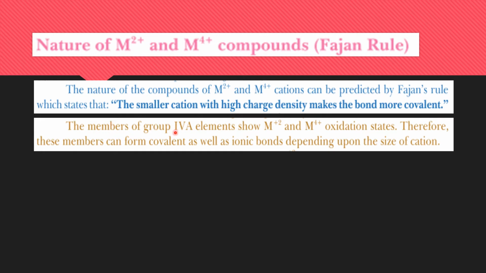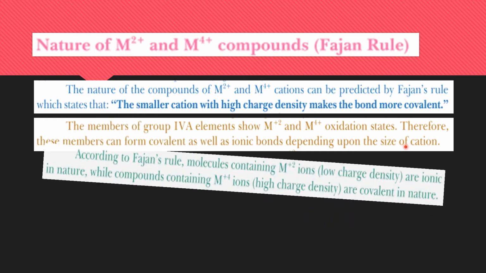Just like the members of the group 4A elements, they show both +4 and +2 oxidation states. So these members can form covalent as well as ionic bonds, and it depends on the size of the cation.